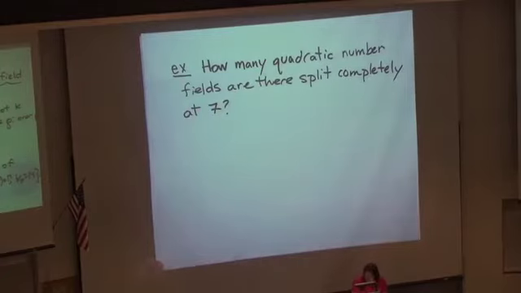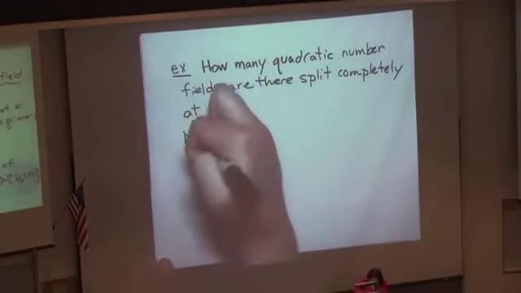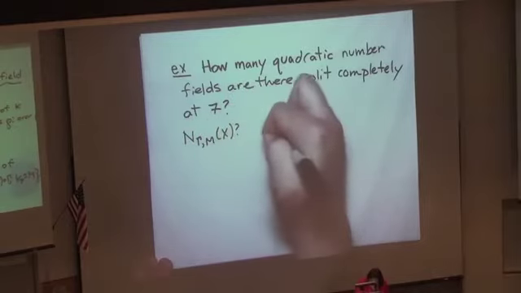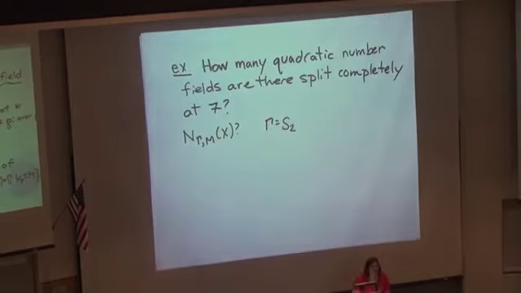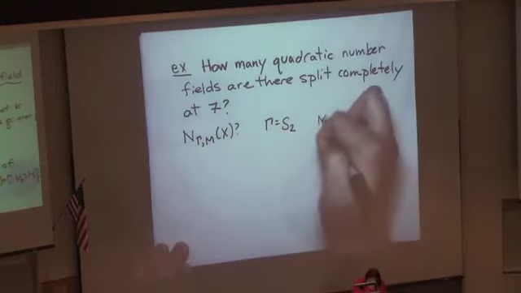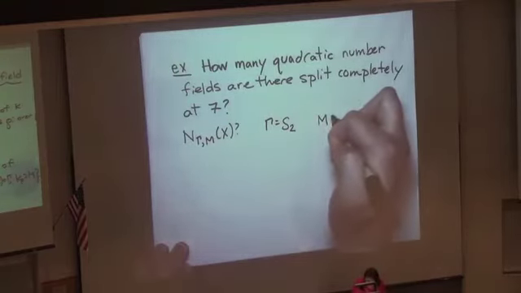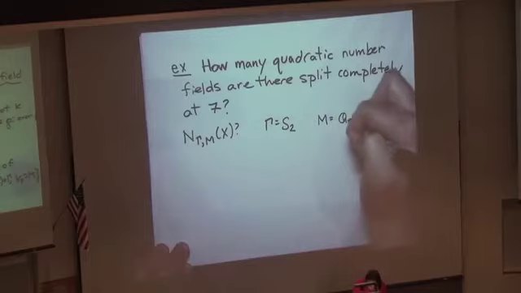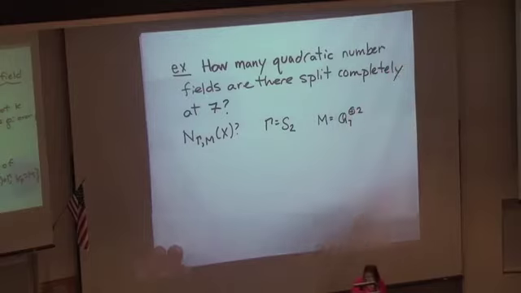So that question, asymptotically in X, is this question for Gamma equal to S2, so the permutation group S2 acting in its normal way on two things. And M here is, so split completely at 7 would mean that the étale algebra is just the direct sum of Q_7 with itself.